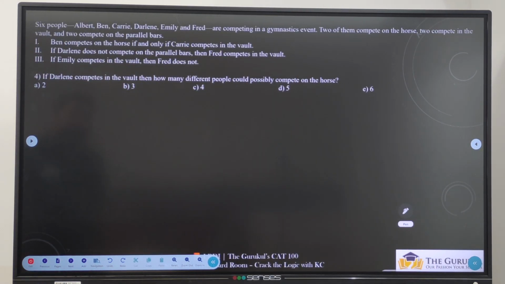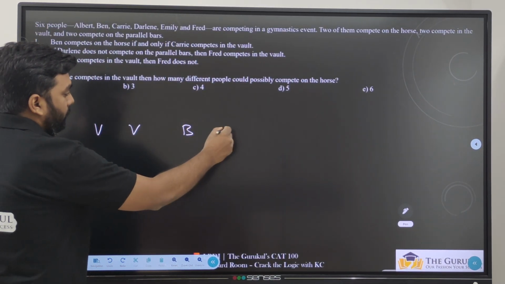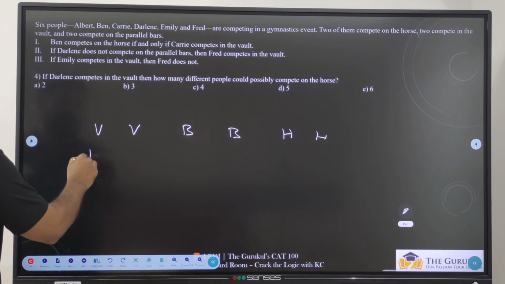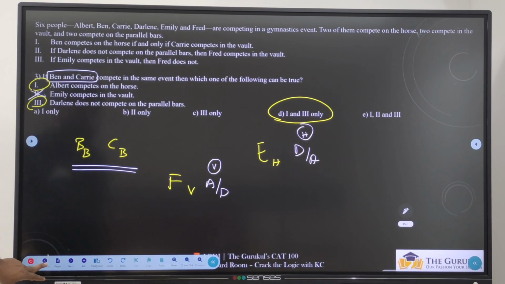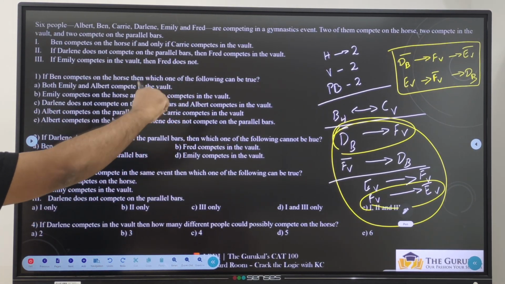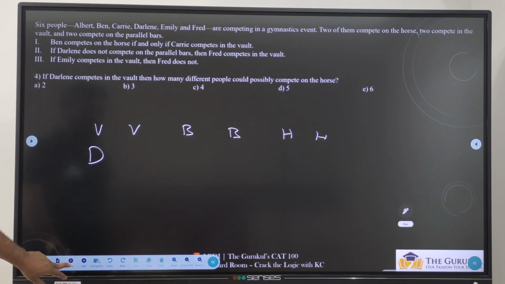Next one. If D competes in the vault, then how many different people can possibly compete in the horse? If D competes in vault, we are having vault, vault, bars, horse. If D is competing in the vault, any condition? D is not competing in the bars if it is competing in vault, which means F should also compete in the vault.